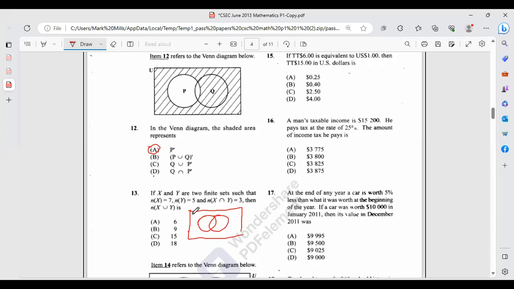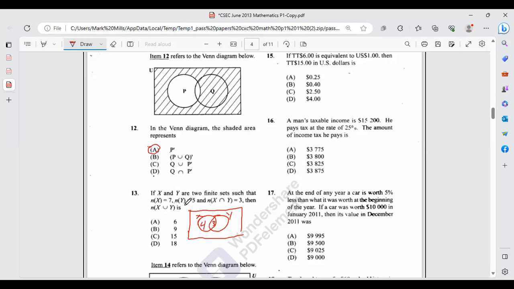I'll need this one X and then this one Y. Follow me through. They said that the intersection is 3, so I put 3 right here in the middle. They said that the number of elements in X is 7. So how many are left here? If everything in X is 7 and 3 is in the middle, 4.